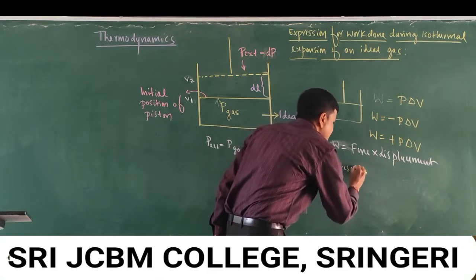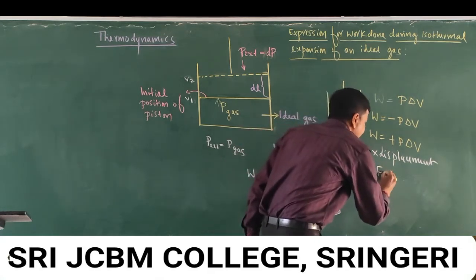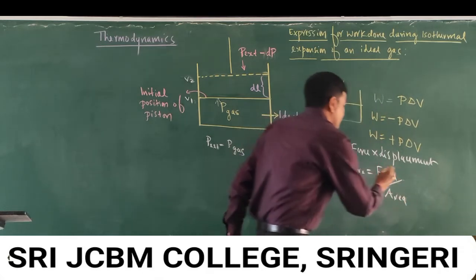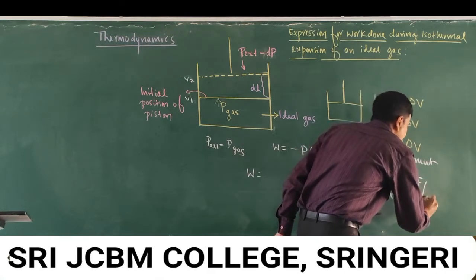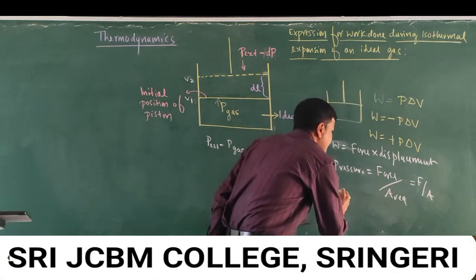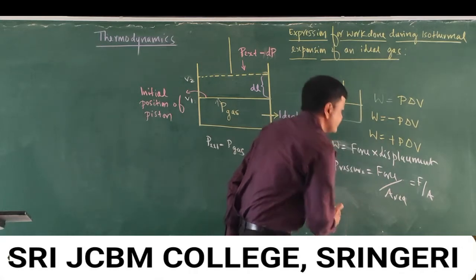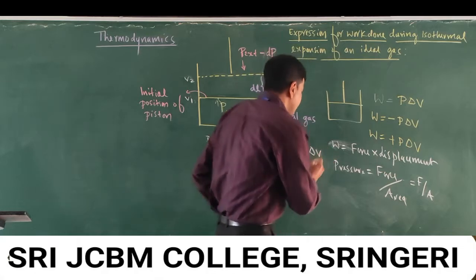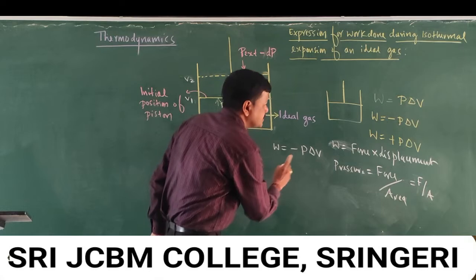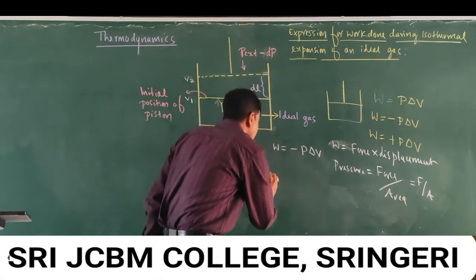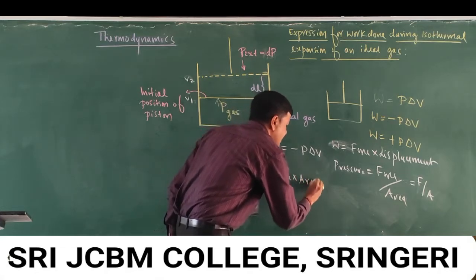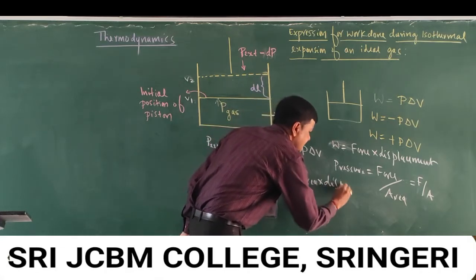You know that pressure is equal to force by area, F by A. Therefore W is equal to force into displacement, so that is equal to pressure into area into displacement.